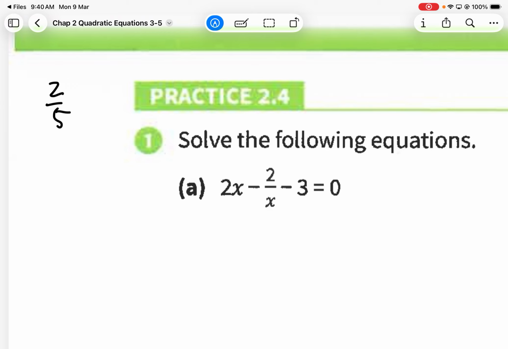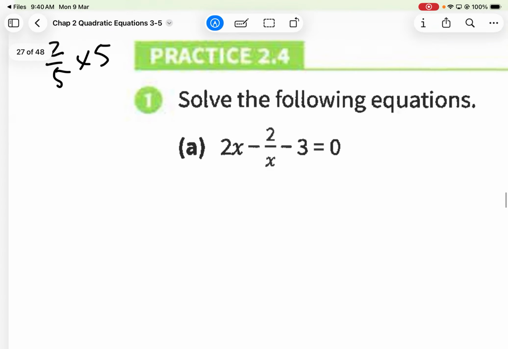Times 5. If I times 5, I will be able to cancel the 5, remove the denominator. So this is what is happening here. When I see this thing on my left, I don't want the x, so I must be thinking, I want to multiply x.